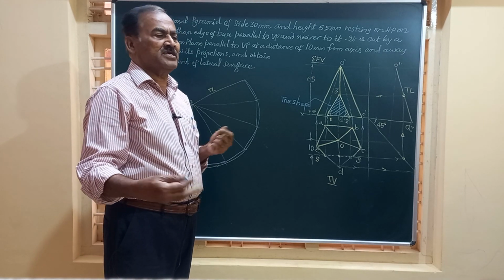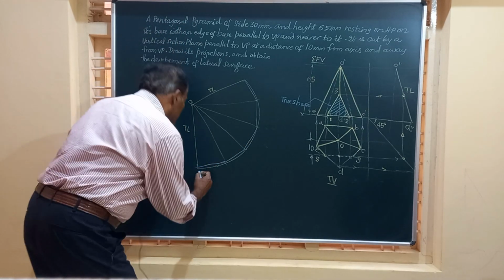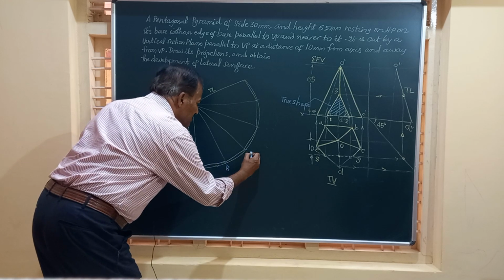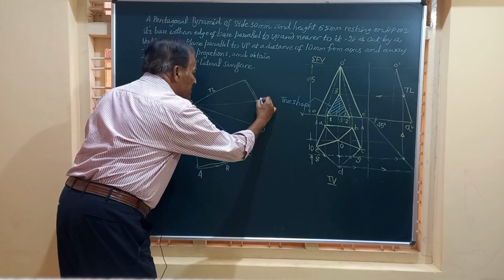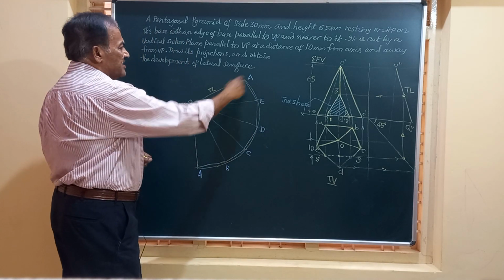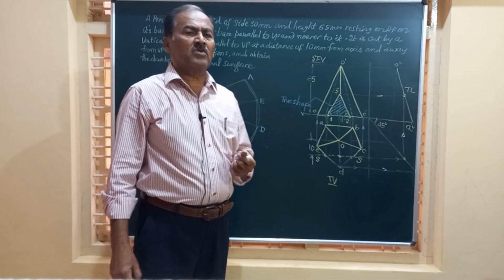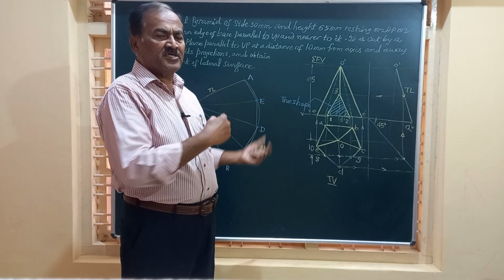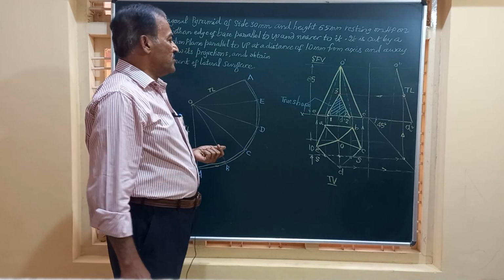So let me start from OA. This is OA, OB, OC, OD, OE, and again OA, because the starting and ending lines should have the same marking. If it is from OB, the ending should be OB. If it is OD, the ending should be OD, and so on.